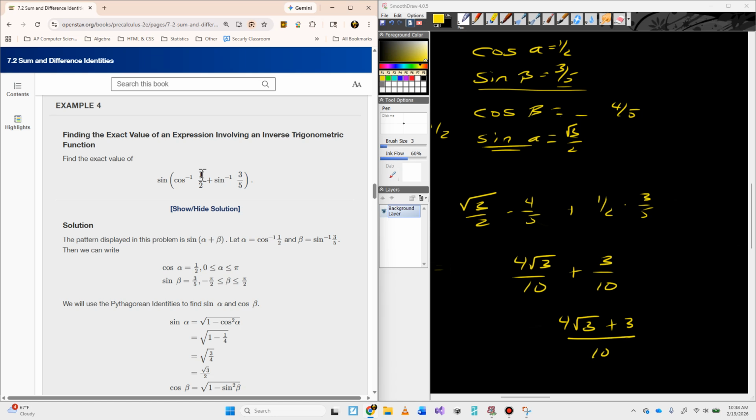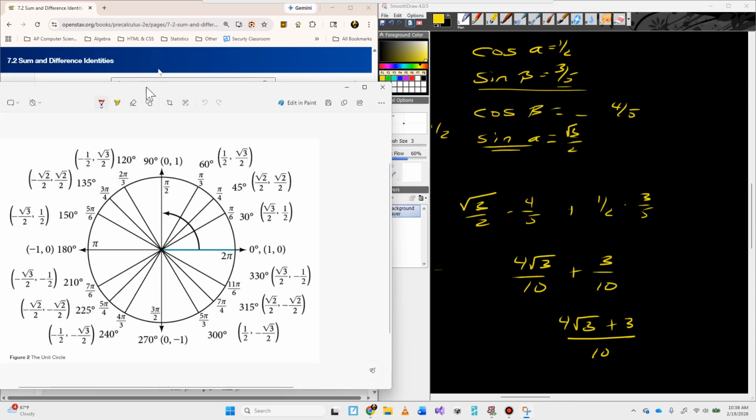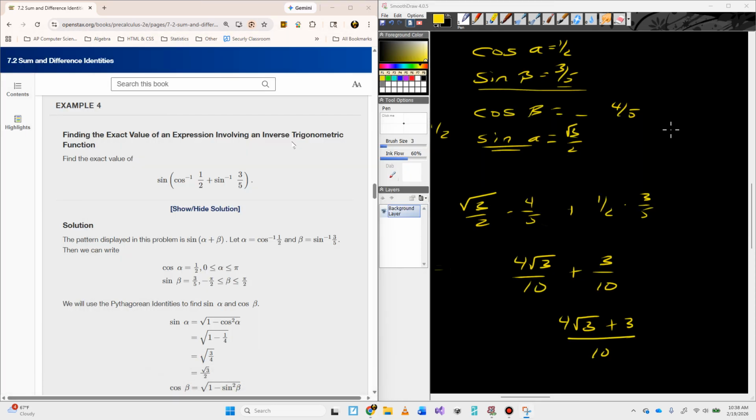So once I get that angle, I need to get that exact value, and I will look that up on my wheel. Well, as it turns out, if I'm trying to find the exact value of an angle, and I've already done an inverse cosine of that exact value, 1/2 is the value that I'm looking for. That's just a property of inverse cosine.